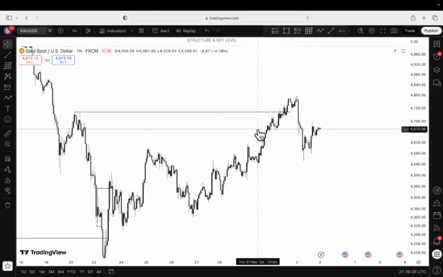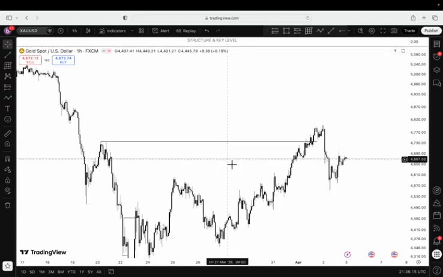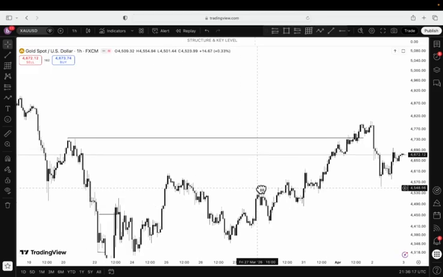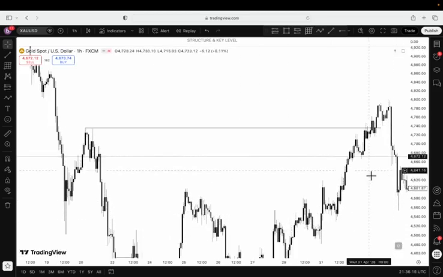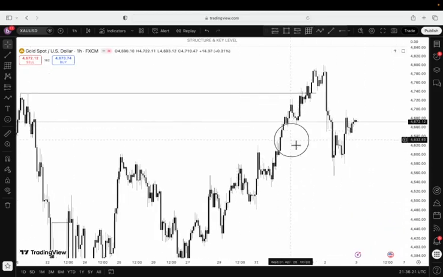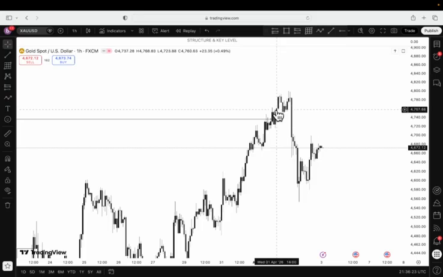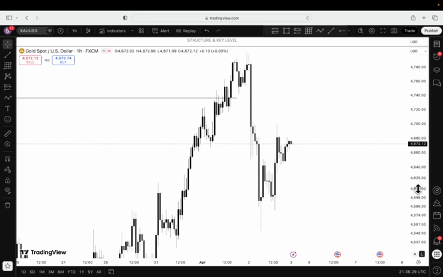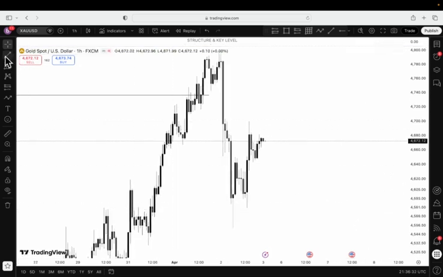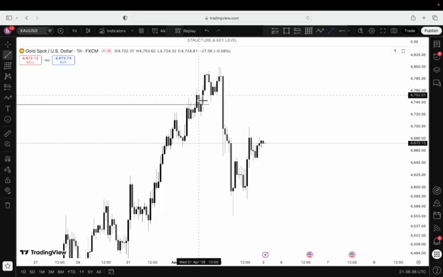Let's see. So yeah, this would have been a very good reclamation, but I think price did not come back. And as you all know, this would have been where the good QML would have come in, but this guy did not come.